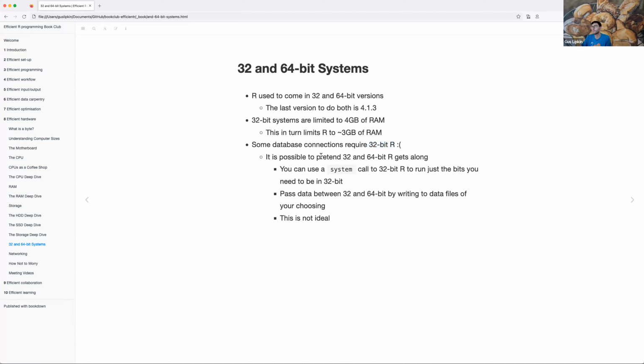But you can pretend that 32 and 64-bit R get along by using a system call to 32-bit R to run just the bits you need, and then pass the data between 32 and 64-bit R by writing to data files of your choosing. And this is where trying to optimize your hard drive or solid state drive can help a lot. And this is, of course, not ideal, but some of those database connections are very old and unlikely to ever be updated to 64 bits.